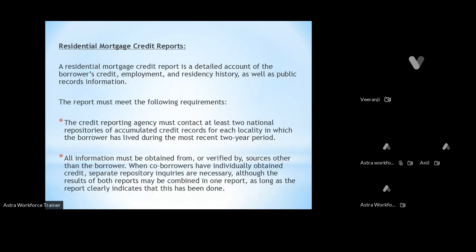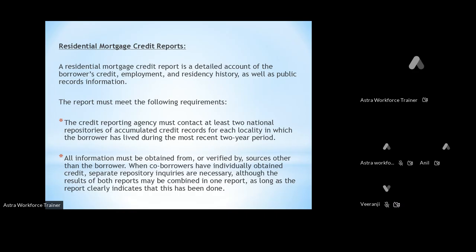Okay, so the residential mortgage credit report is a mortgage credit report. If the borrower has a mortgage account, only that information will be available in the credit report, not other information. Compared to that, the tri-merged credit report has all the account details, like what personal loans he has, what motor loans he has.